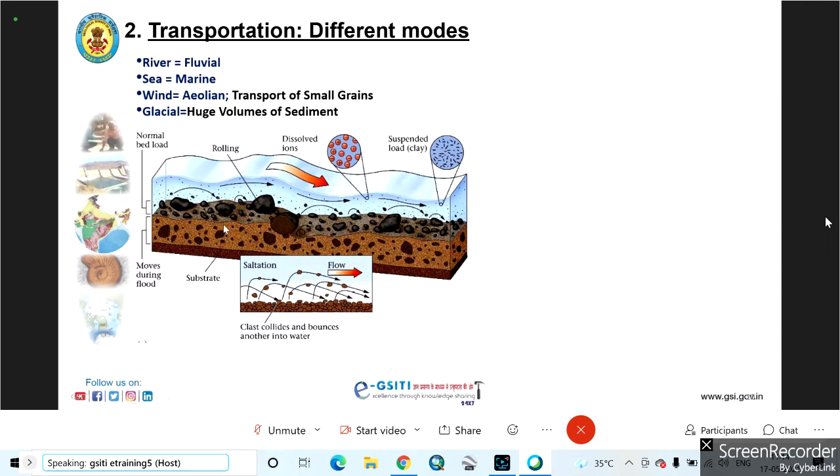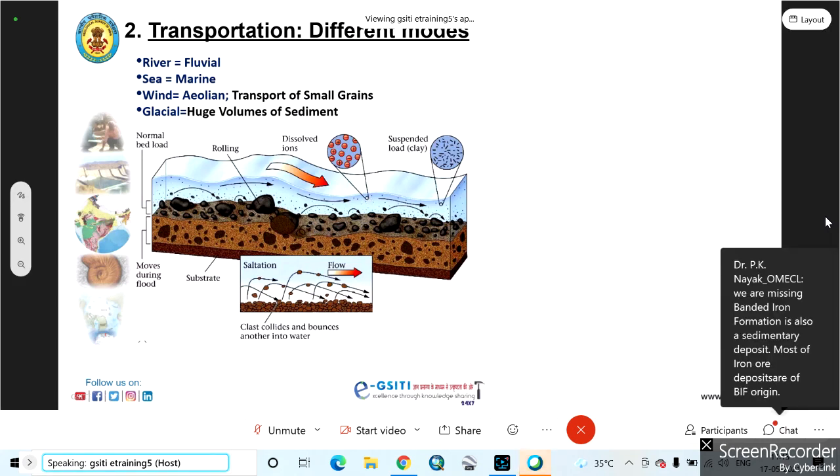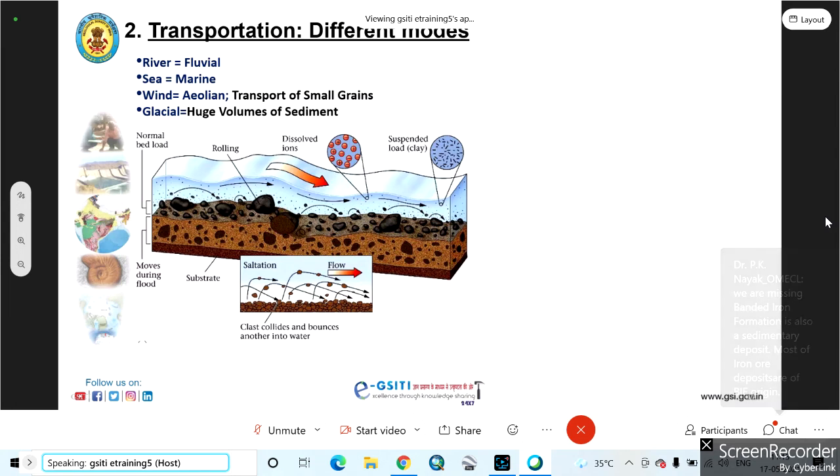There are two important things to be mentioned here: at the sediment-water interface is the normal bed load, and some particles of the finer size remain suspended in the upper water column. So these two have a very significant role in the formation of the sedimentary rocks and sedimentary structure.